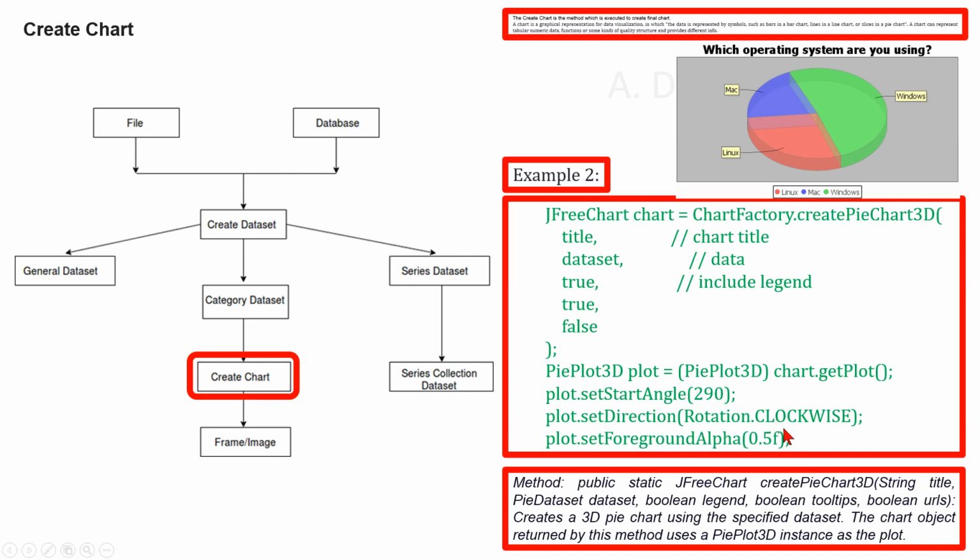Here the direction, null not permitted. Here the setForegroundAlpha sets the alpha transparency for the plot and sends a plot change event to all registered listeners. Here you can see alpha in float value, the new alpha transparency.